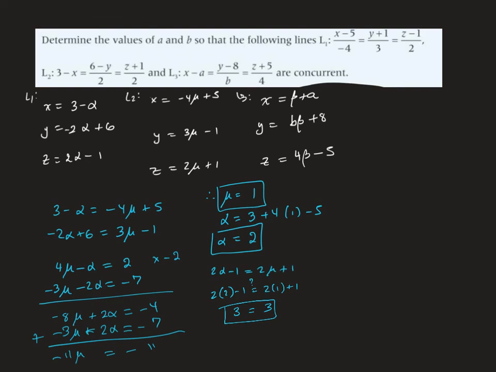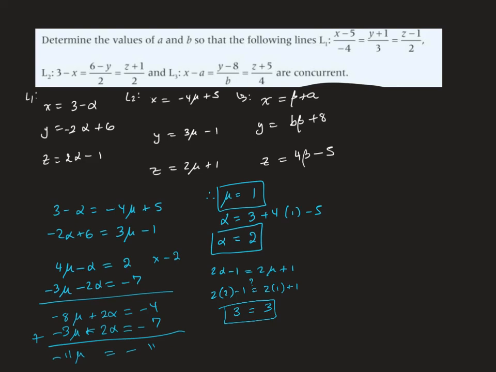Now, for the third line to also go through that point, we need to force that point onto the third equation. We need to substitute the values of x, y, and z.